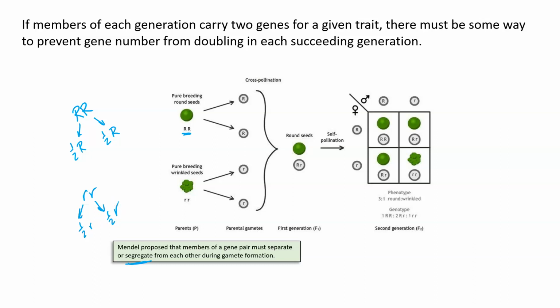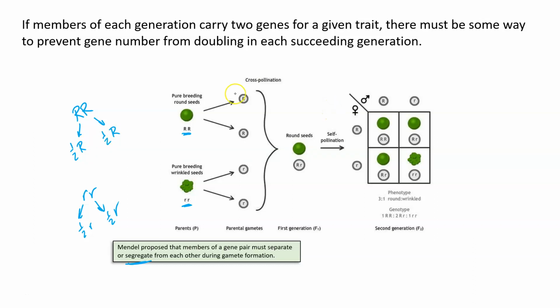So this purebred round seed pea plant is homozygous dominant. This purebred wrinkled seed plant is homozygous recessive. Each has 2 alleles for that particular gene. And because they're homozygous, when they form gametes, they separate out their alleles, and each allele is equally likely to be passed on.